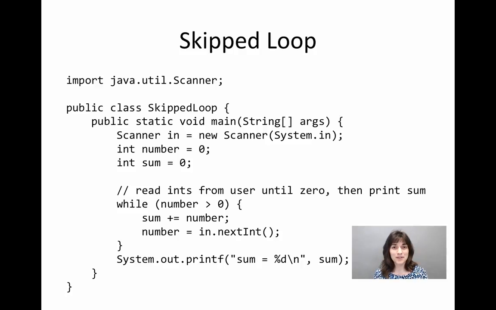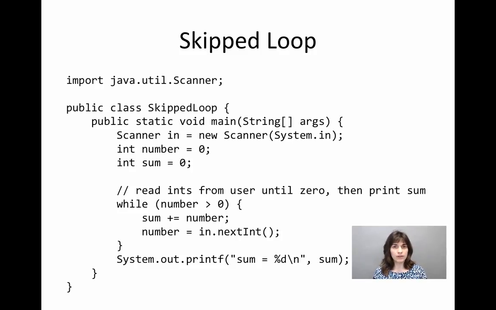Pause the video for this one as well and see if you can find out what is wrong with it. We read a number from the keyboard through the Scanner class, and then we also initialize the variables number and sum to 0.